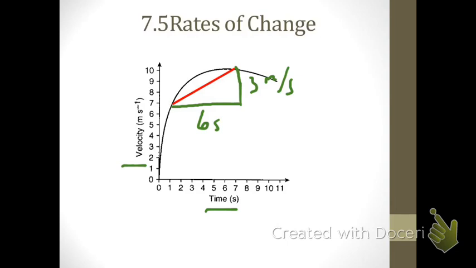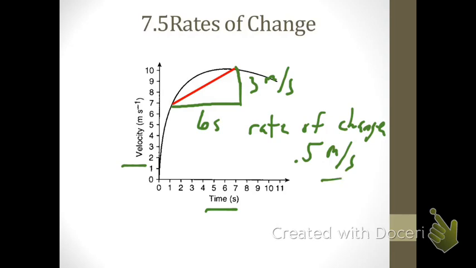So the rate of change here is that every 1 second, the velocity would increase on average by a half meter per second. So it's 0.5 meters per second, or 0.5 meters per second squared.